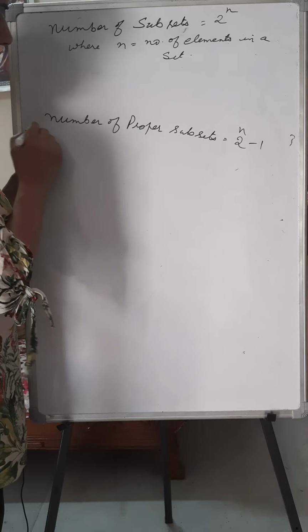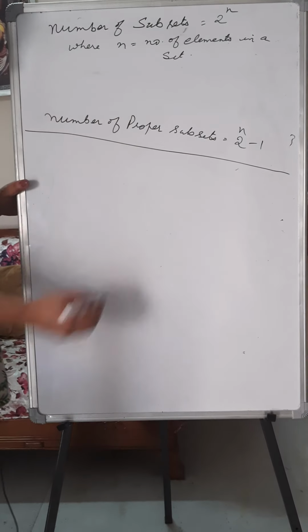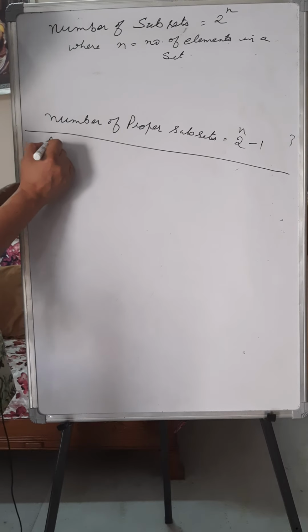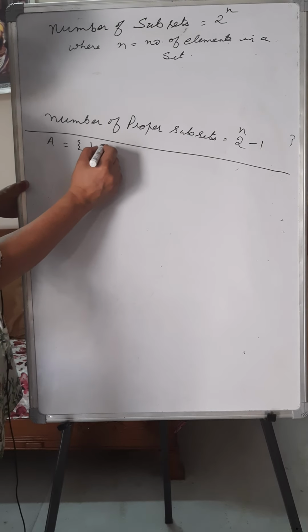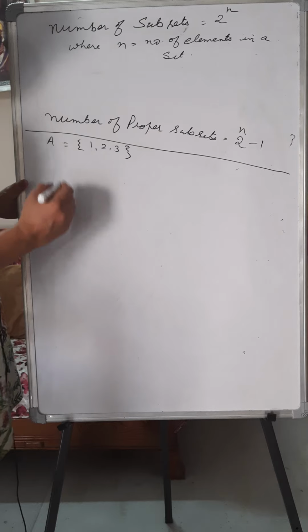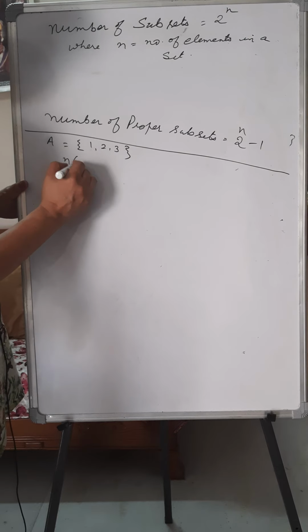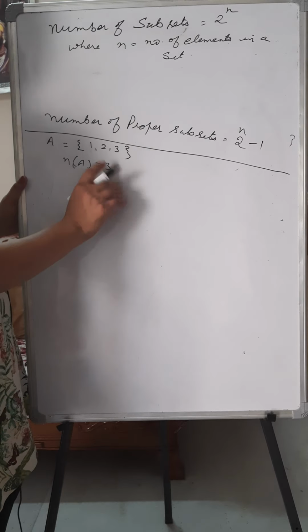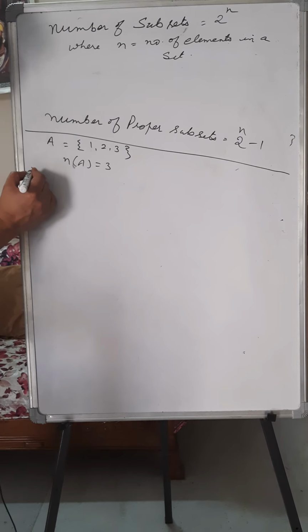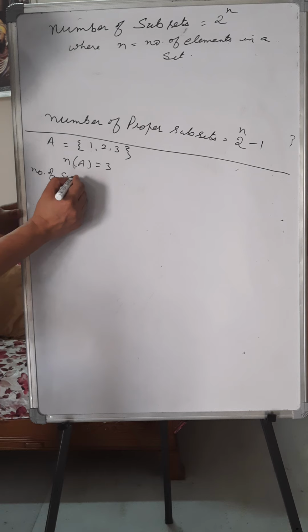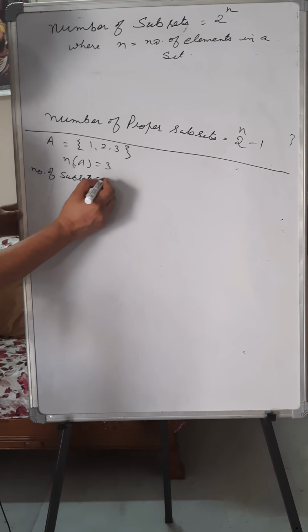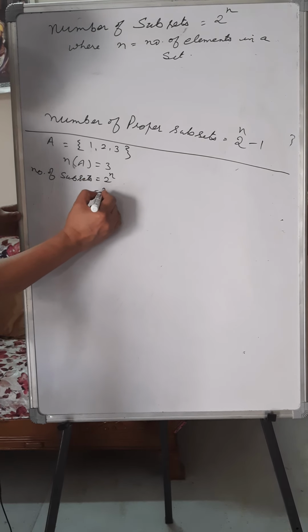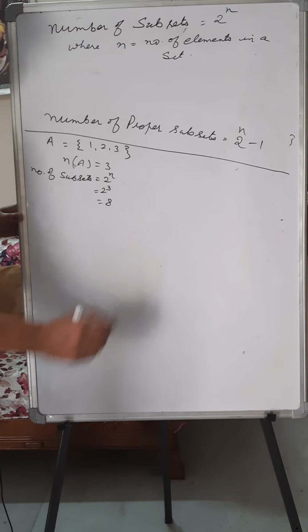Now let me take an example. Set A is having 3 elements, so n is equal to the number of elements in set A, which is 3, right? How many subsets? 2 raised to power n, 2 raised to power 3, that is 8.